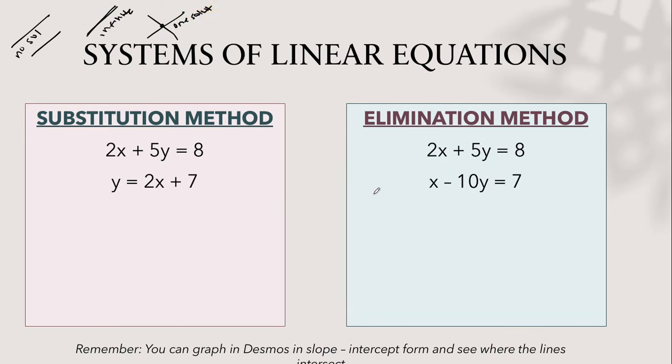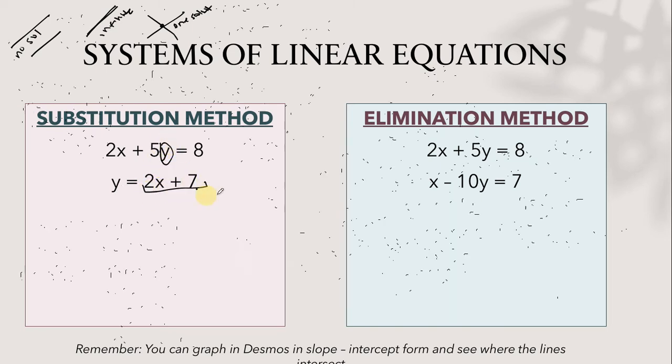Okay? So looking at this substitution method, 2x plus 5y equals 8, y equals 2x plus 7. If y equals 2x plus 7, I'm going to replace this y value here with 2x plus 7, right?